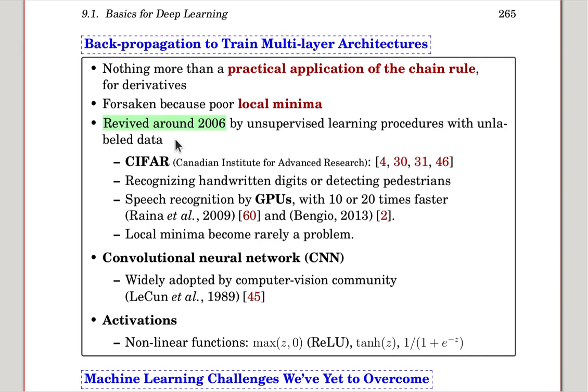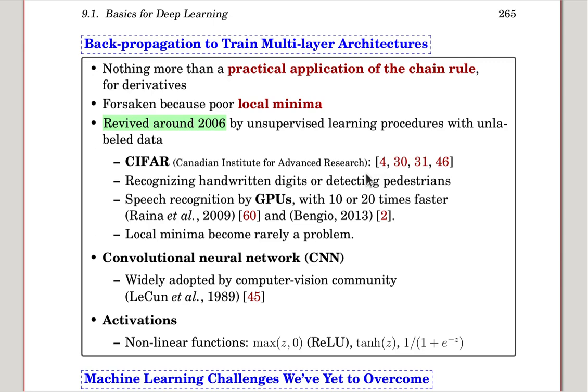Particularly at CIFAR, the Canadian Institute for Advanced Research, researchers made wonderful progress.